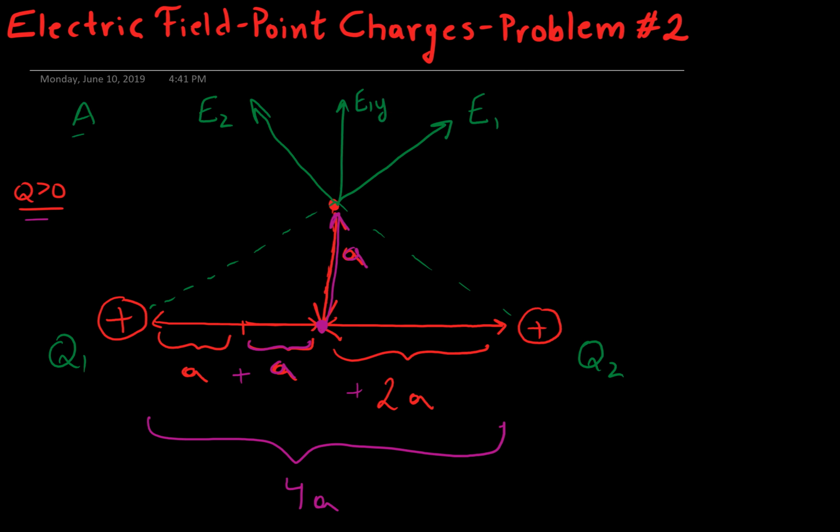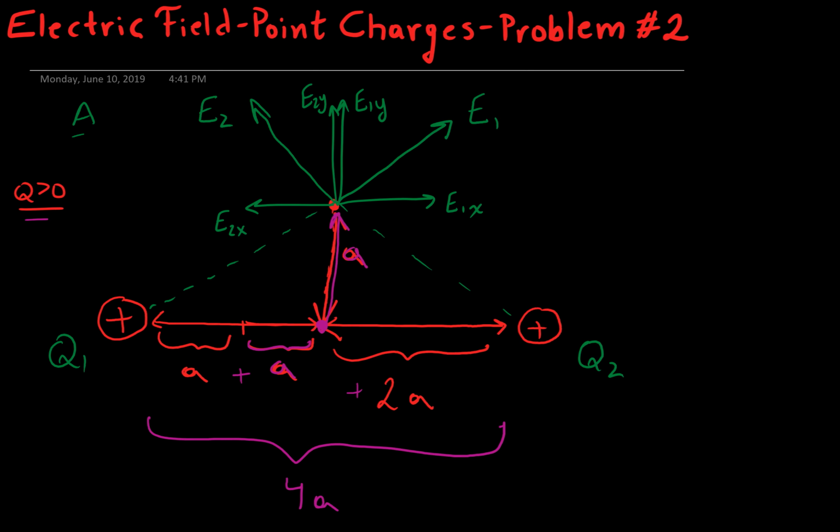We'll call that E1y. For E1, there's also this x component going in that direction. Likewise, for E2, we see this component is in that direction, and that component is in this direction.